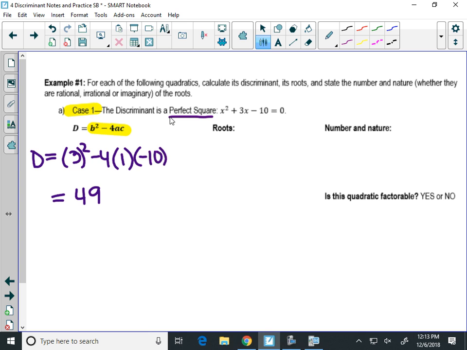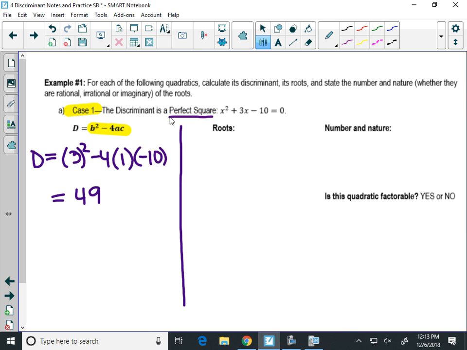So here's what we're going to do. We are going to take that 49, and let's actually find the x-intercepts of the quadratic, because once we know the x-intercepts of this quadratic, we can make a general rule about what this discriminant tells us. So to find the roots, we are going to just use the quadratic formula.